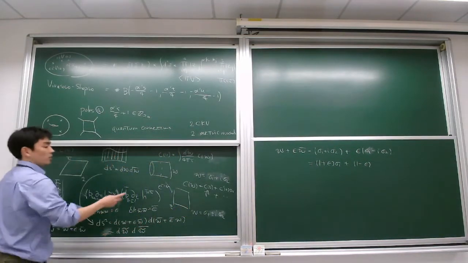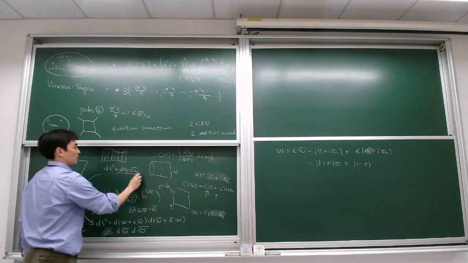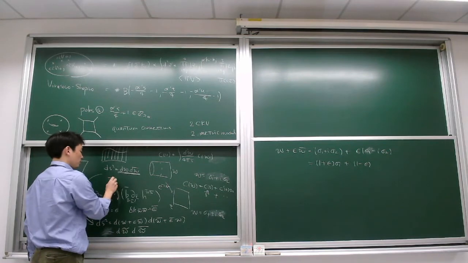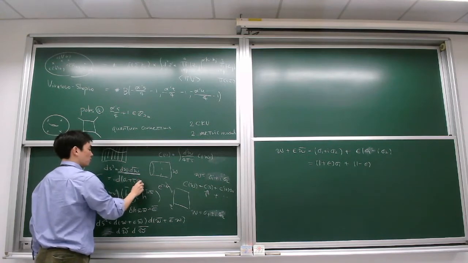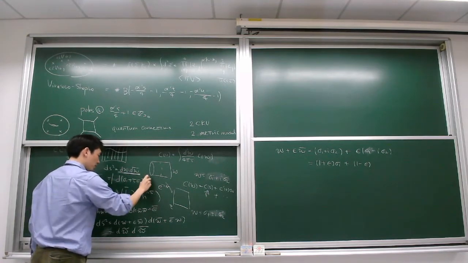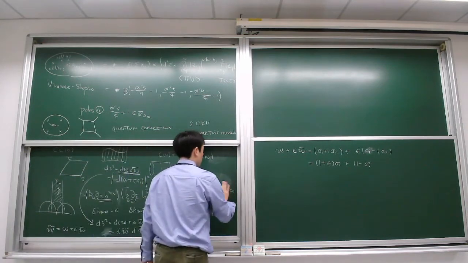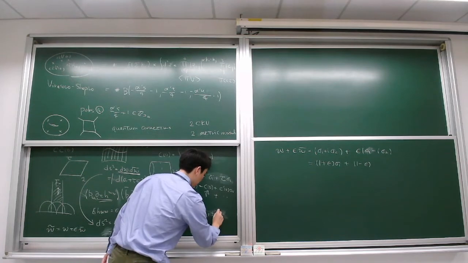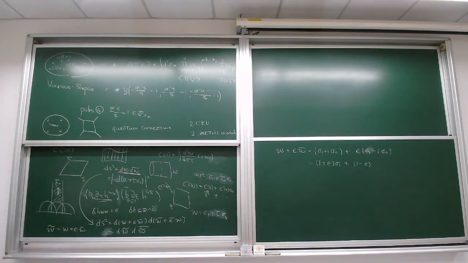Sorry. We need to identify to get this coordinate, as I mentioned last time. So this is d sigma 1 plus tau sigma 2, squared. To get the coordinate, you have to identify like this. So you have to use this coordinate.